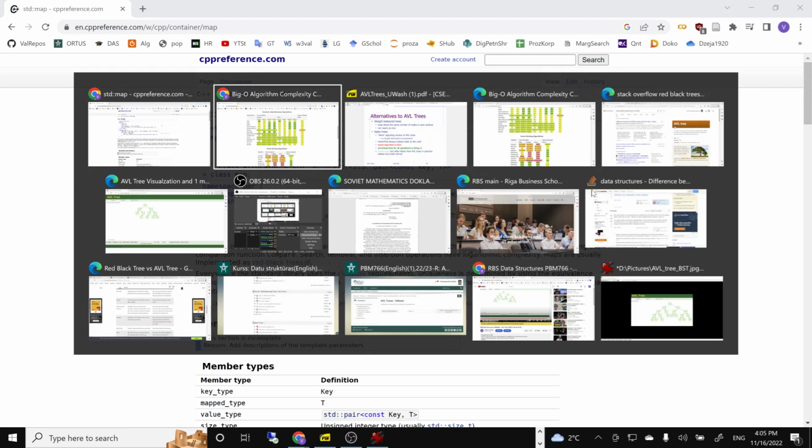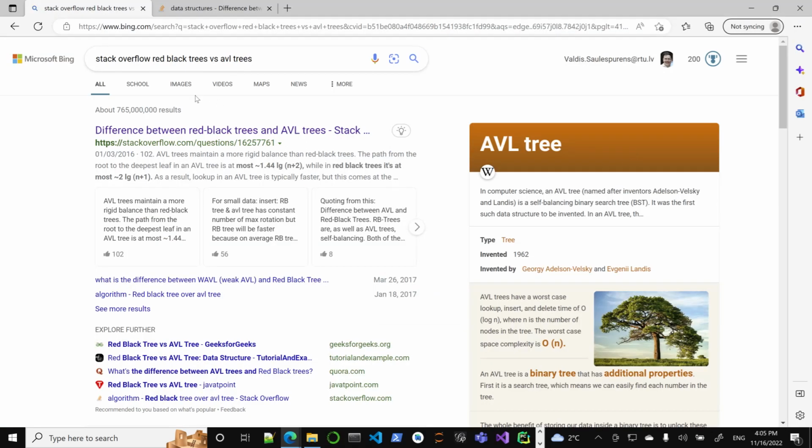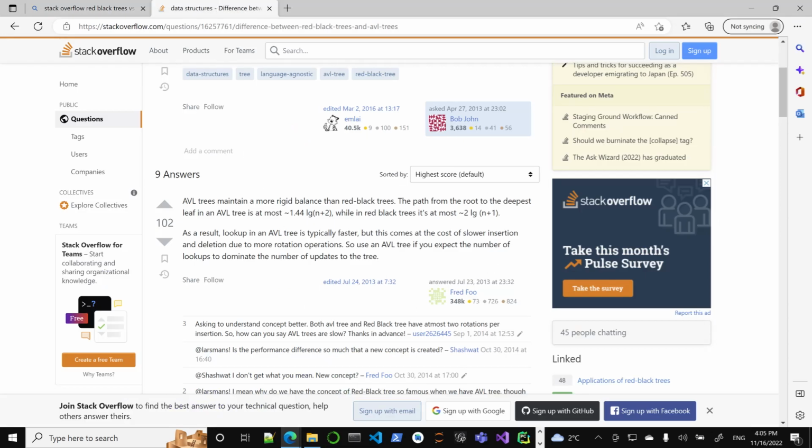Well, there's been talk about this on Stack Overflow, of course. The key part is that AVL trees maintain a more rigid balance. With red-black trees, you have a looser balance, so you can have less balance, but insertions and deletions require fewer rotations. As everywhere else in life, there's no free lunch.